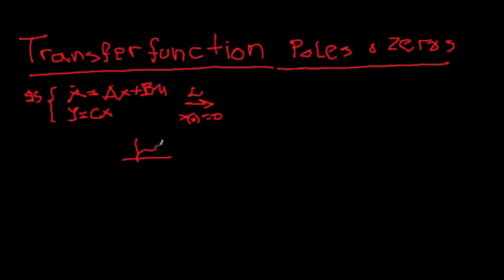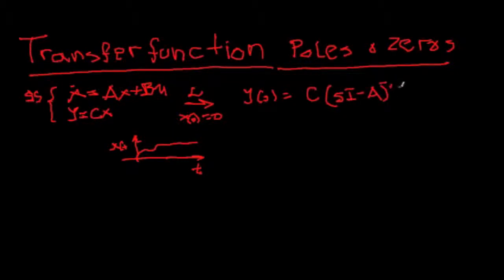So this is the transient behavior in the plant until the plant gets into some steady state. This is the time, and this is, let's say, the x of t. We obtain that y of s is C (sI minus A) to the power of minus 1 B u of s.